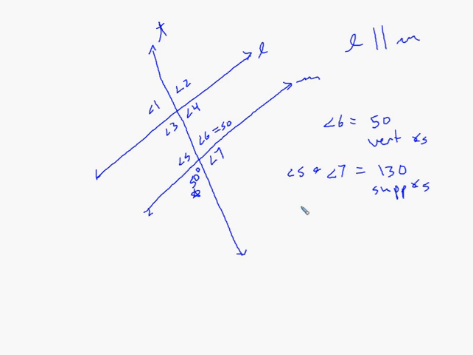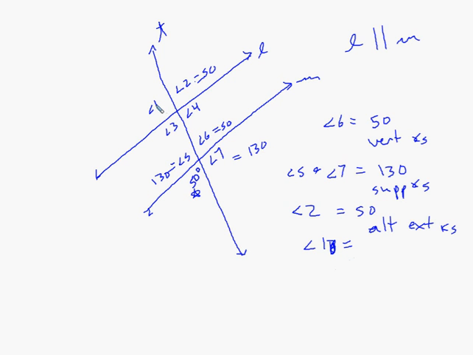Okay, hold on. We have angle 2. It's 50 because of alternate exterior angles. Let's get down all the ones we know. Angle 1 is 130, because supplementary.